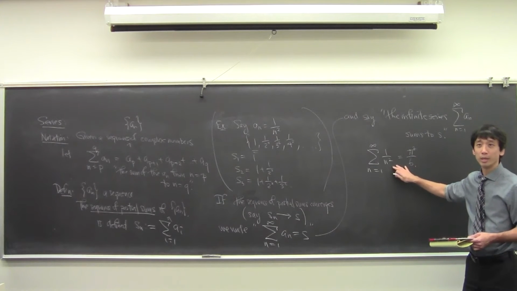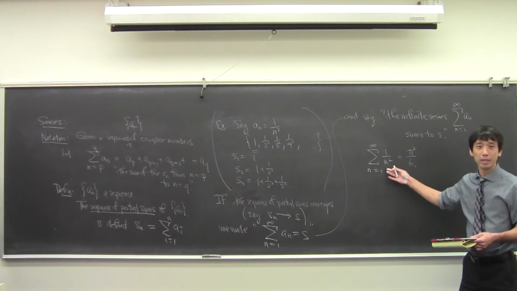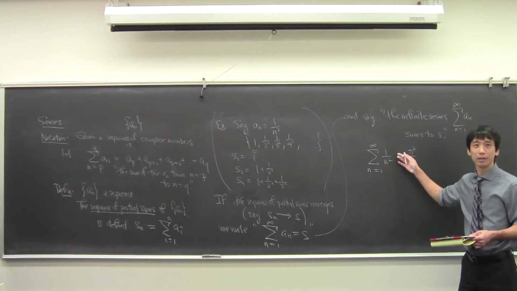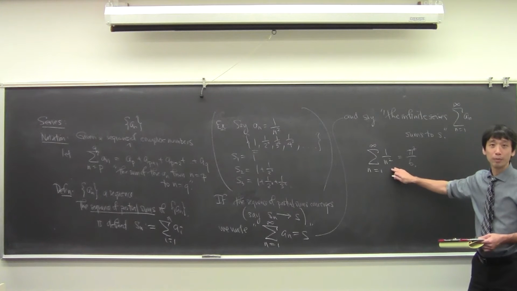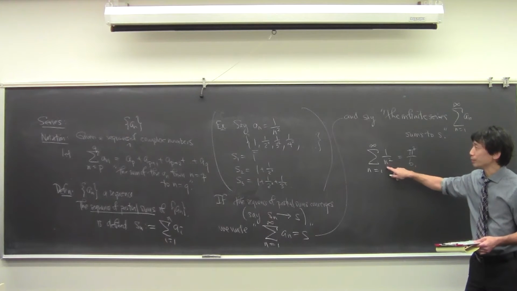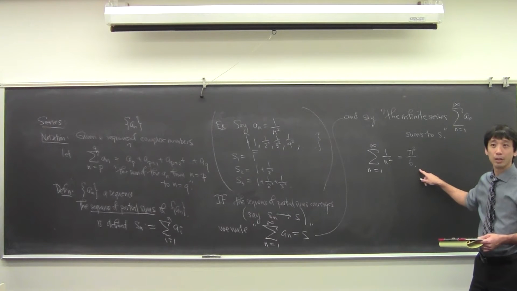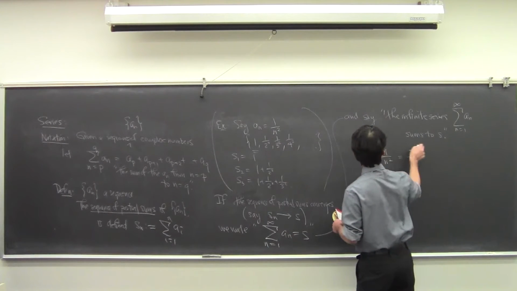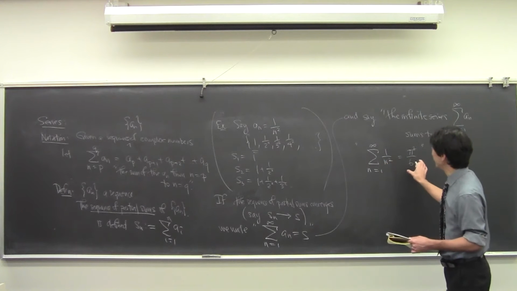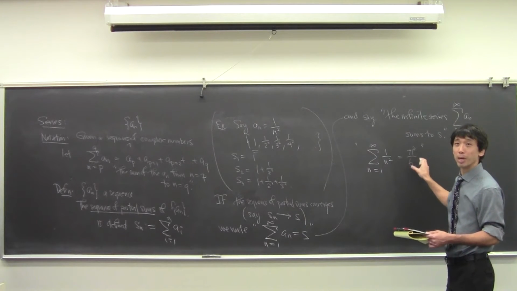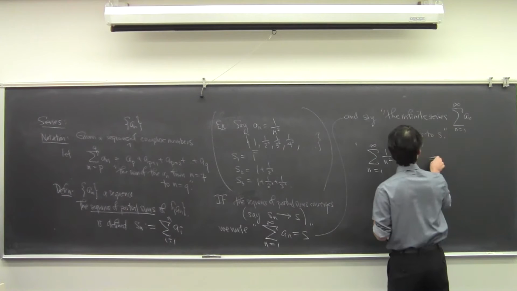Does it mean that you take an infinite number of numbers and add them together? Not exactly. What it means is that the sequence of partial sums of this converges to pi squared over 6.